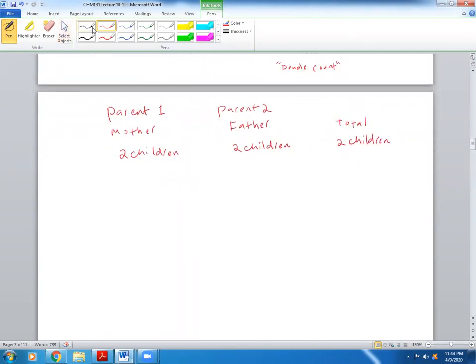Well, let's look at another example. We have an H and we have a Cl. H has one valence electron. Cl has 7.